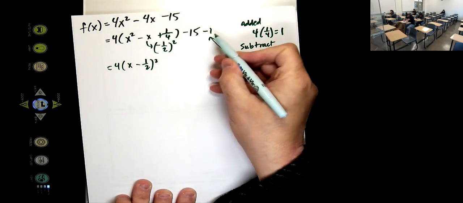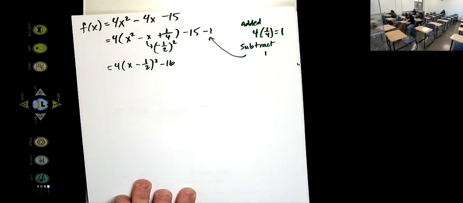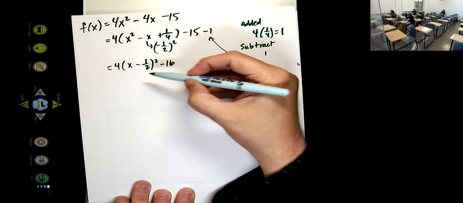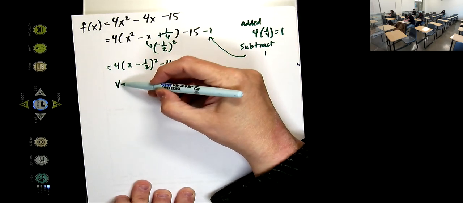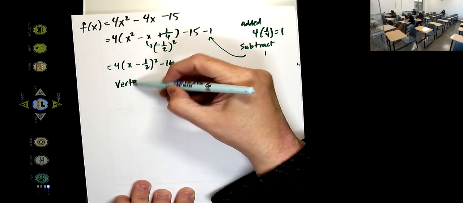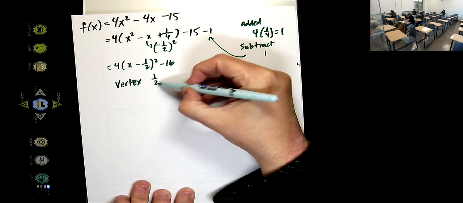It's -15 minus 1 is -16. I have a vertex at 1/2 comma -16.